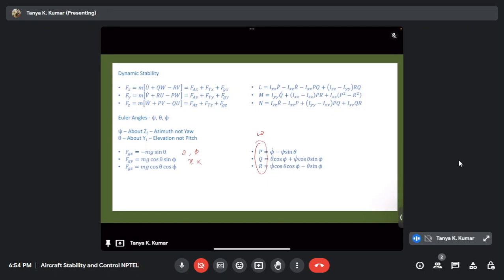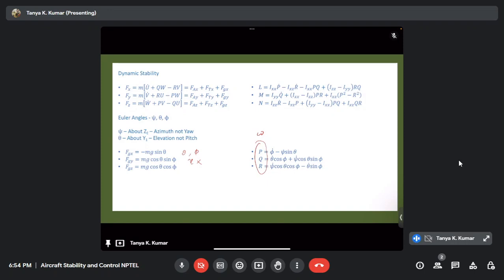So how is the weight of the aircraft, along which axis is the weight of the aircraft? It's along the z axis, right? So why should the orientation of the z axis come into play? Correct? That is why xi is not coming into play. Is that clear?